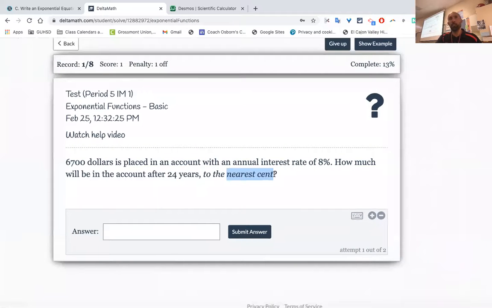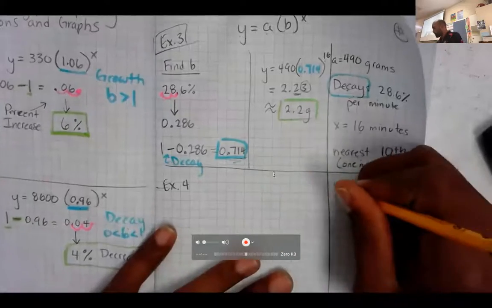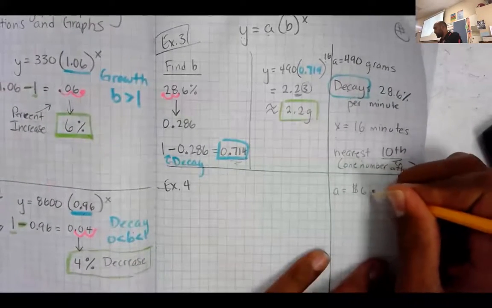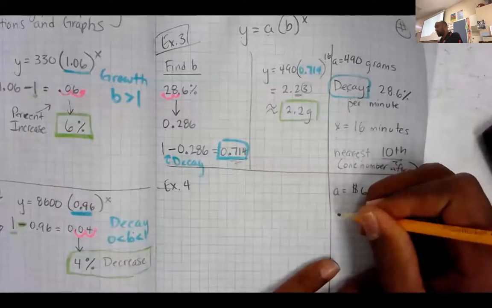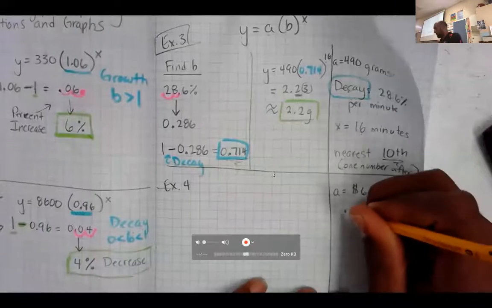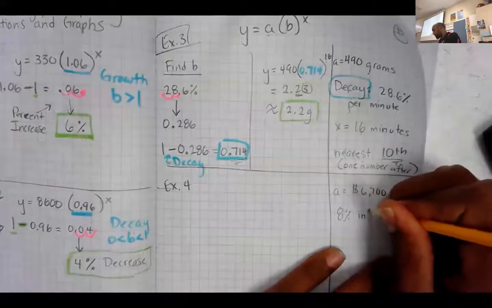All right, so let's write all this stuff down. We're starting with $6,700. We have an amazing interest rate, actually. That's quite high, an 8% interest rate.